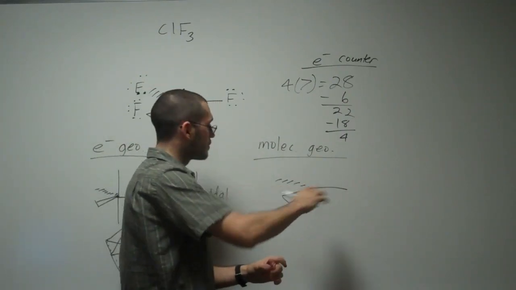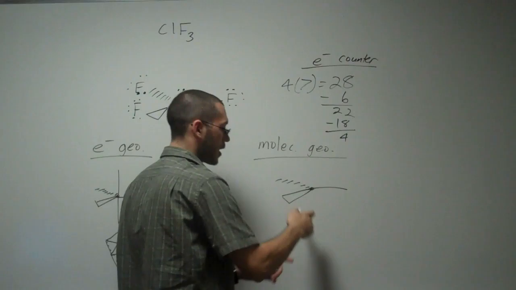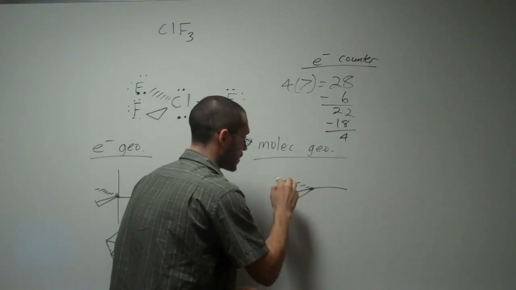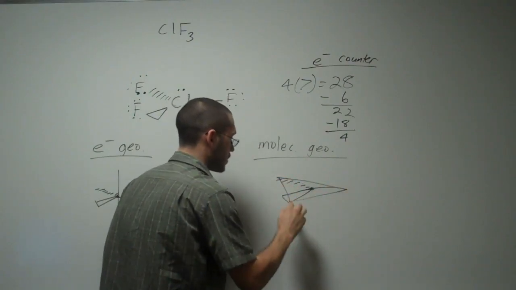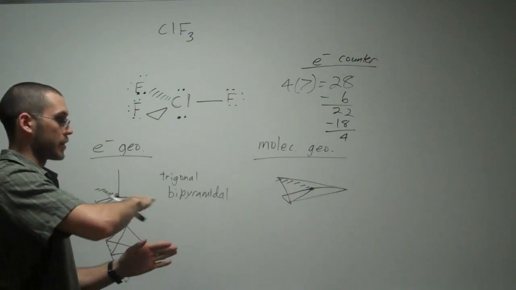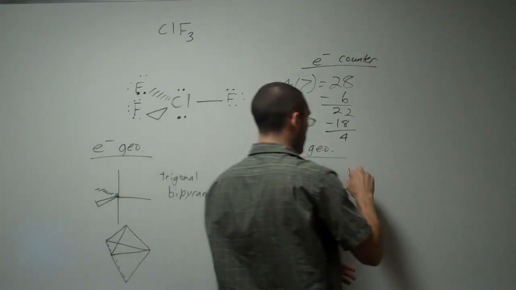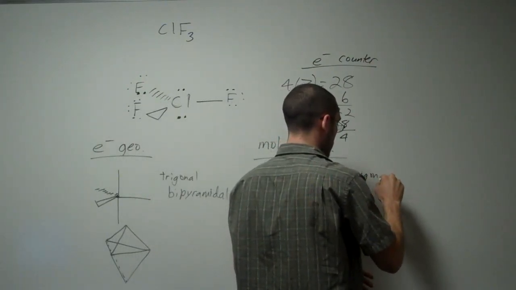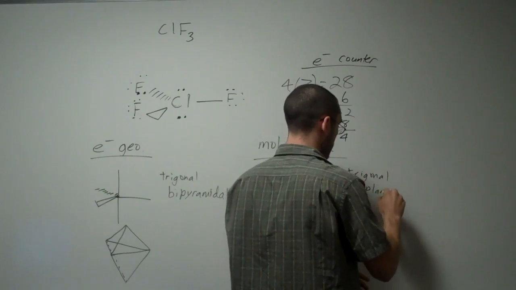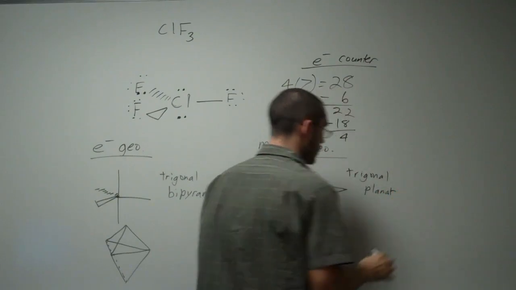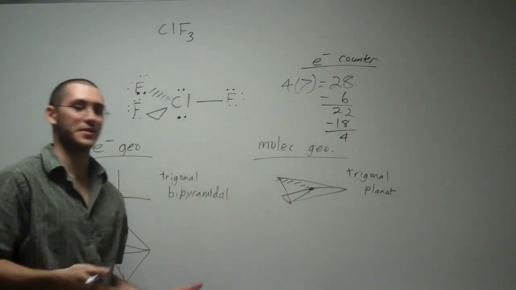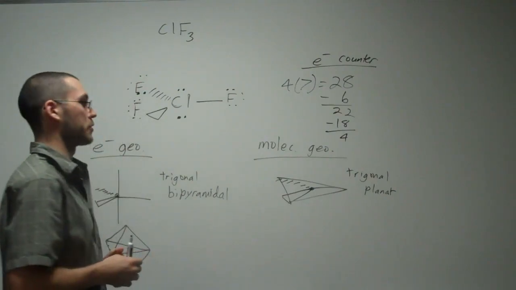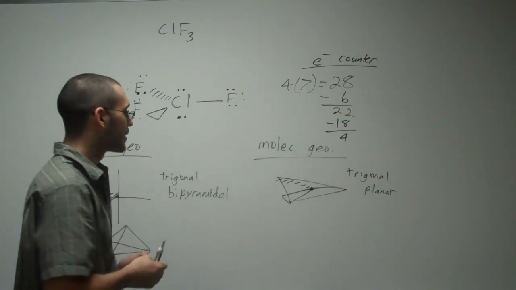Since it's all in a plane, and it makes the shape of a triangle, see this? It's a triangle. That's trigonal planar. Your teachers might say trigonal, it's all the same, whatever. I think trigonal sounds more aristocratic.